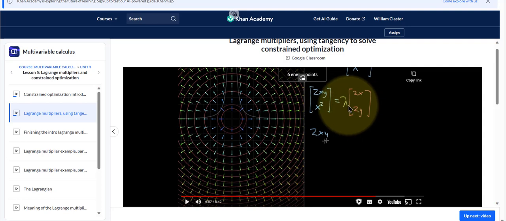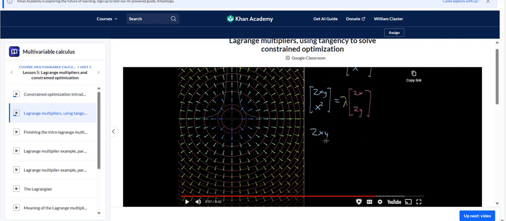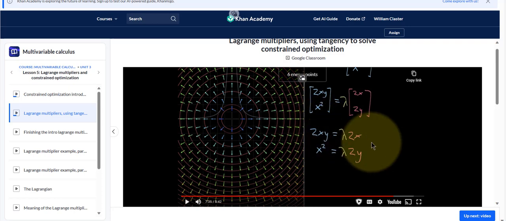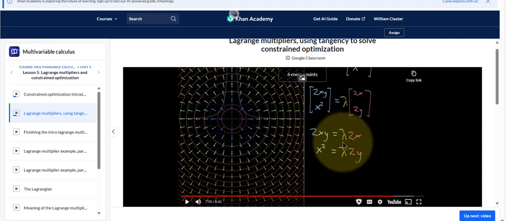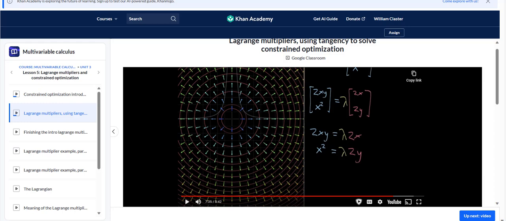So that's two equations, which look like this. Now that's nice, but the problem is we have two equations, but we really have three unknowns here, x, y, and lambda. So we don't actually have enough information written down here yet to make this solvable.